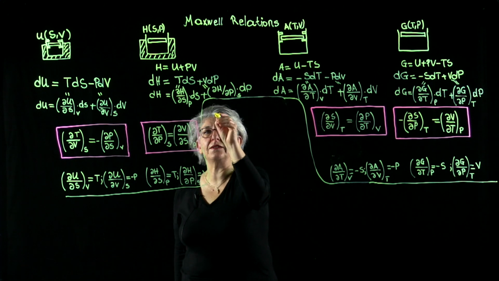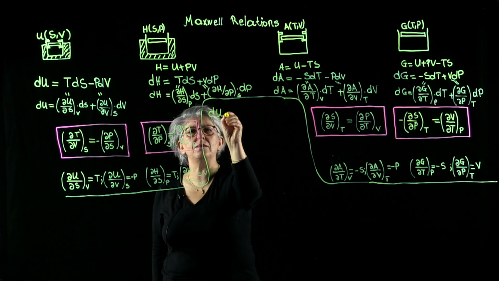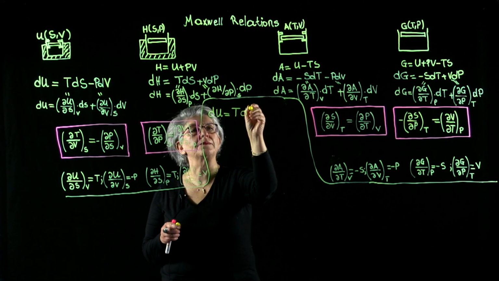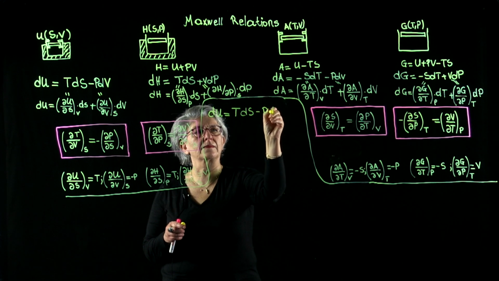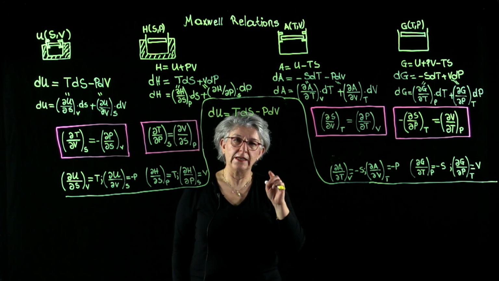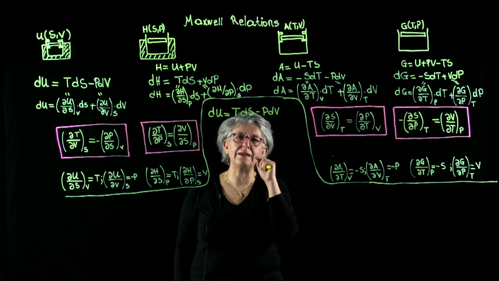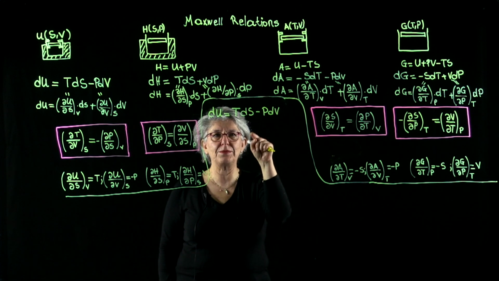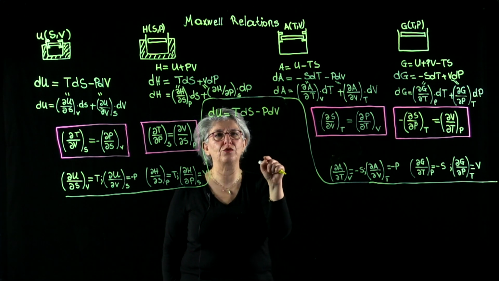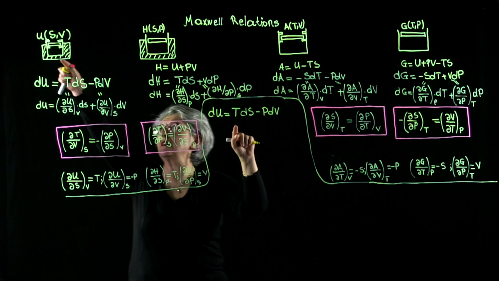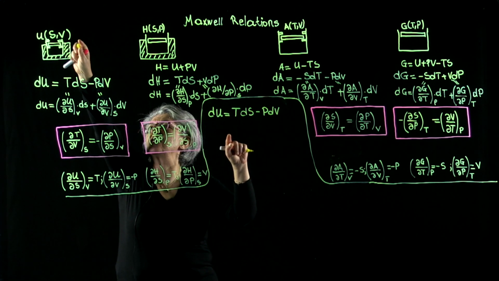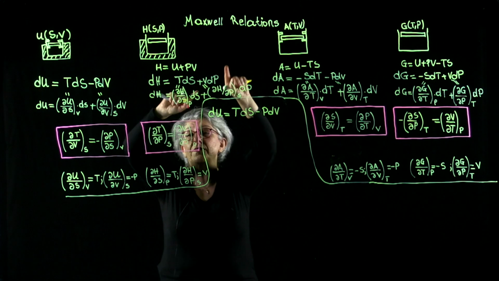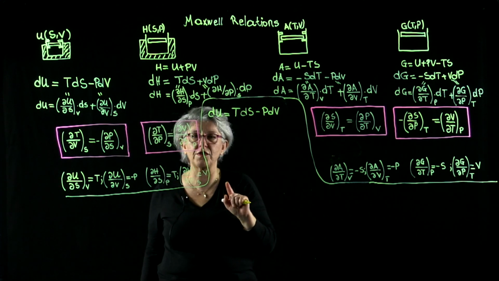Now let's start with this initial form. All right? The fact that we are not able to measure or estimate entropy as easily as temperature, pressure, and volume, we are going to just use the same logic here. We started from internal energy is a function of entropy and volume, or enthalpy is a function of entropy and pressure, and so forth. We move down.